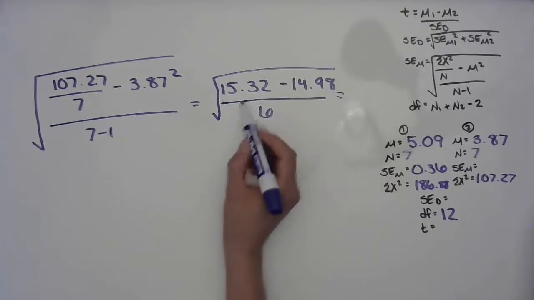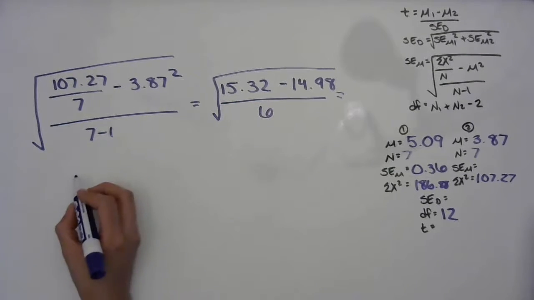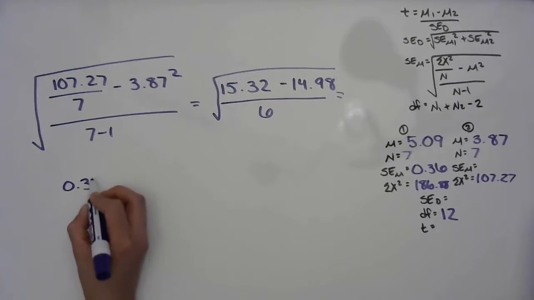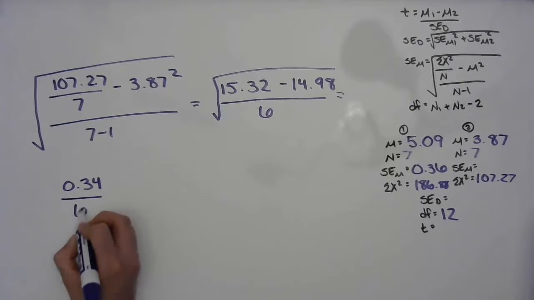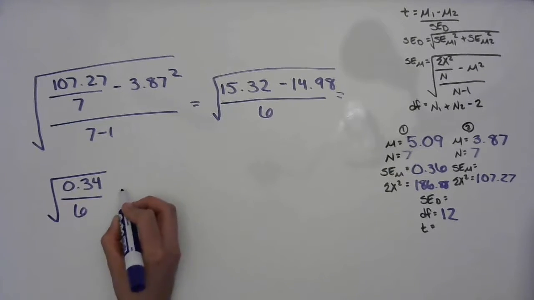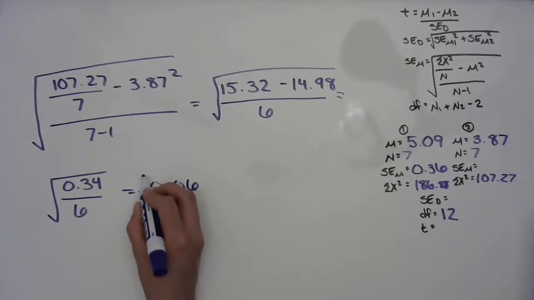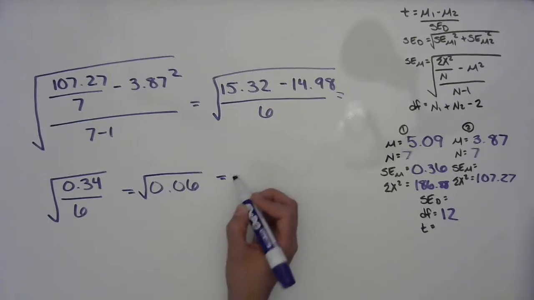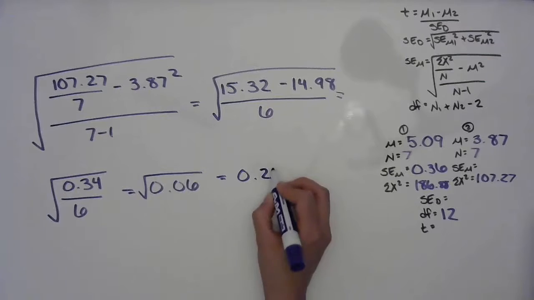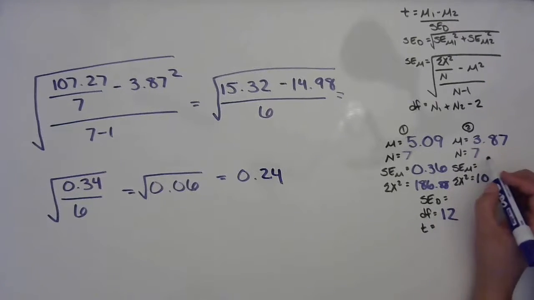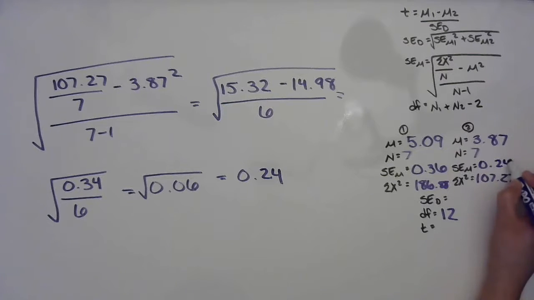We subtract these two numbers and get 0.34 over 6. Divide that out and that gives you 0.06. Then solve for your square root, and you have 0.24. So our standard error of the mean for Group 2 is 0.24.